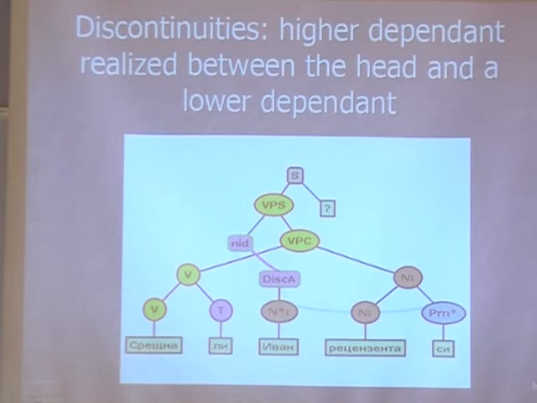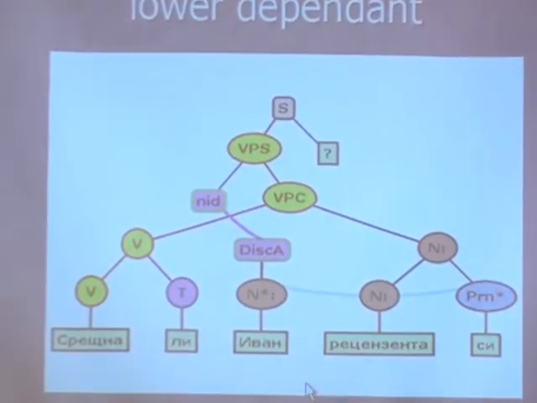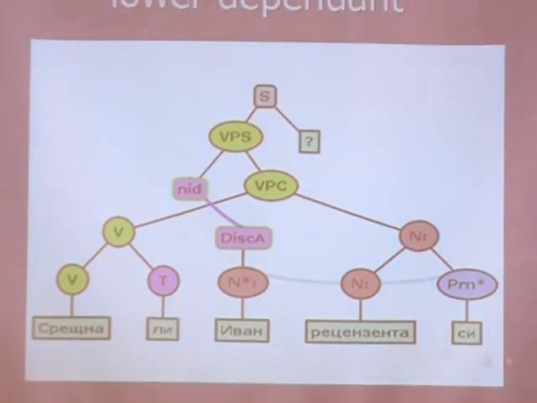So this is a question, and it says, did Ivan meet his reviewer? So this is the verb, meet, Ivan, reviewer, his. And so the verb, according to our scheme, wants the complement. And we put this label of type head-complement. However, the subject is in between, so it causes this crossing branches effect.